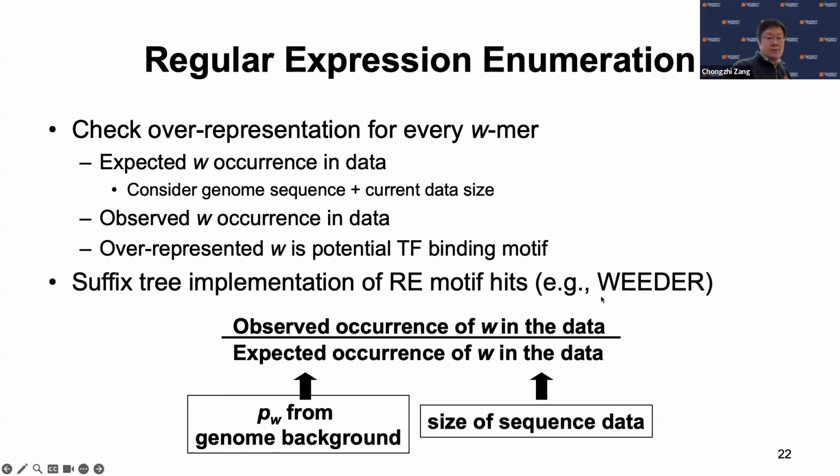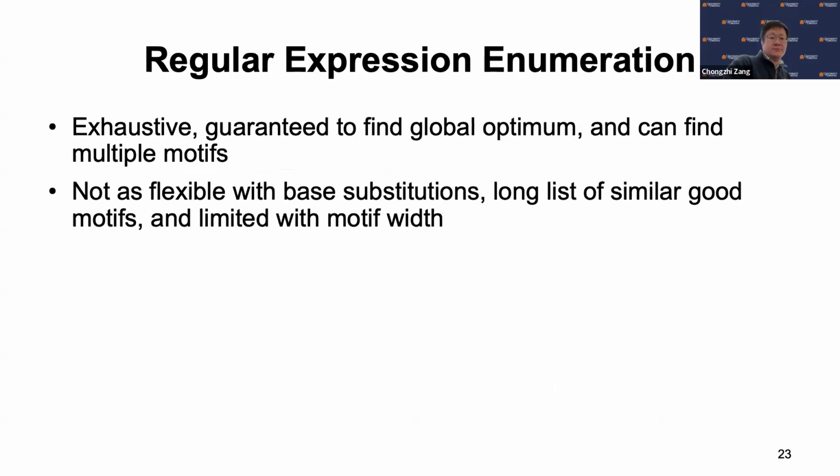One algorithm that used this regular expression enumeration approach to do motif finding is called Weeder. That is a fairly old algorithm developed many years ago for DNA sequence motif search. There are several limitations of this approach, regular expression enumeration. Both pros and cons. First is that it is exhaustive.